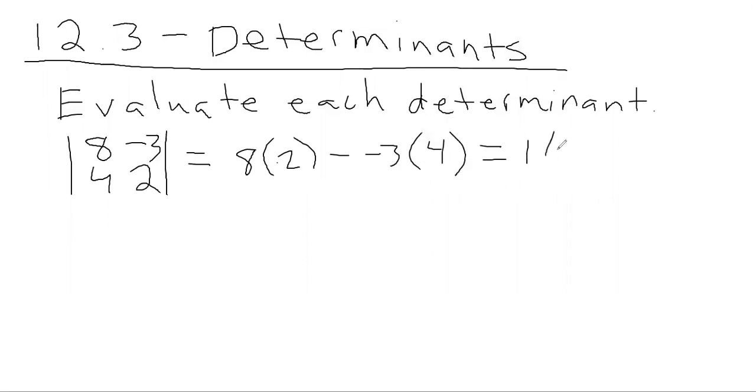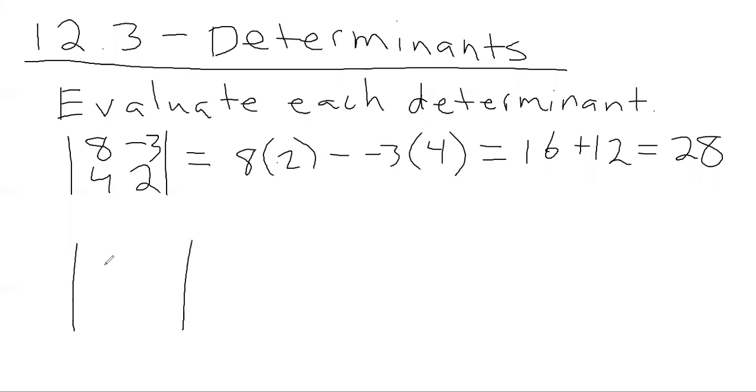So I end up getting 16 plus 12, which is 28. So the determinant of this matrix would be 28. And we'll learn later on in the lesson how we can use that to help us solve for x or y. Let's try another one.